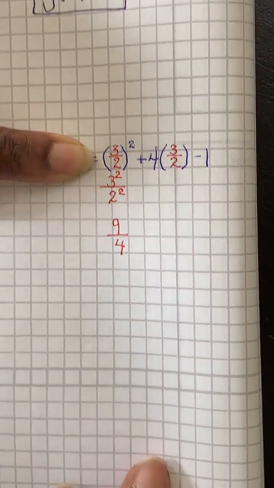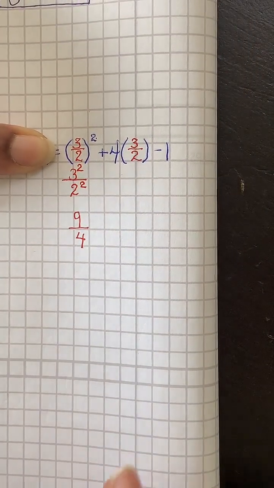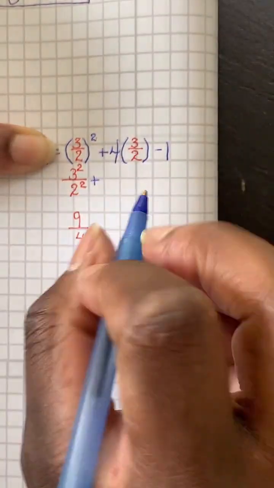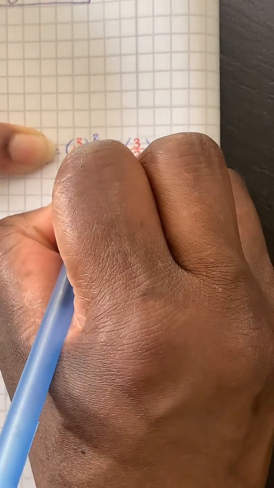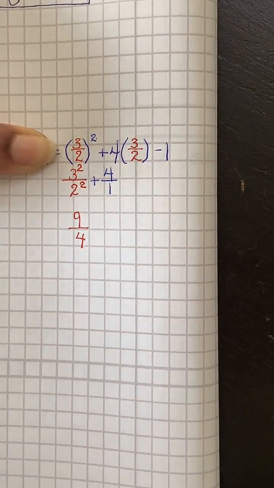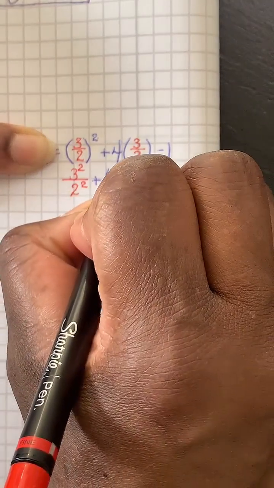Are we good so far? So now, over here, we have this whole number of 4. We could put it over 1. And that's being multiplied by our 3 halves.